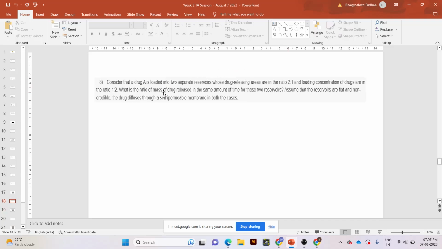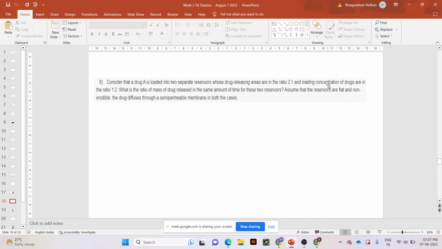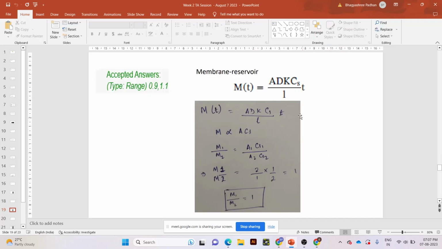And we have also been given the drug releasing areas A, and loading concentration of drugs, which is CS. So according to this equation, M is directly proportional to A CS. So we have to find M1 is to M2, which equals A1 CS1 upon A2 CS2.